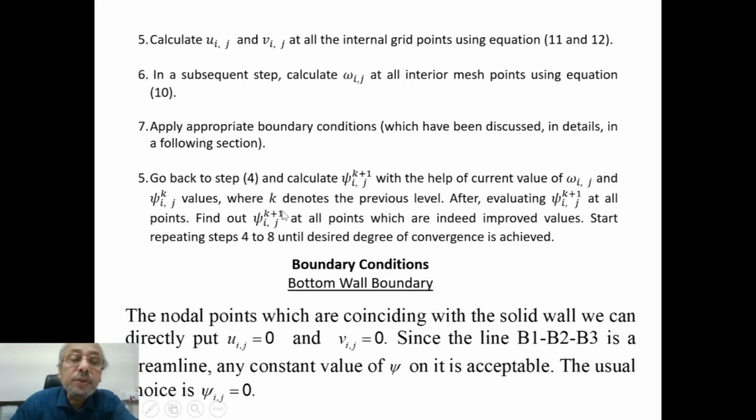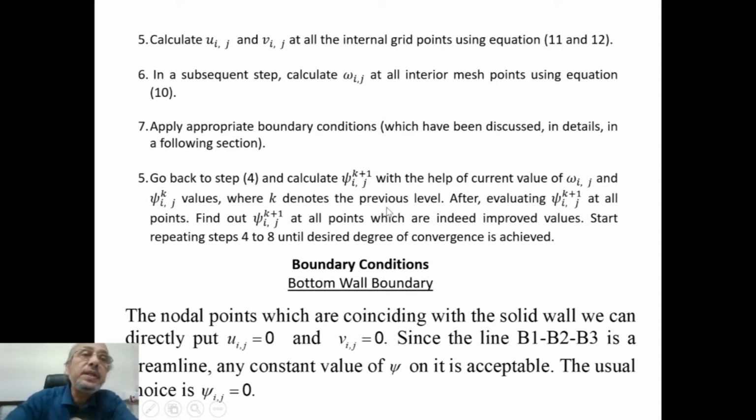This should also be k plus 1 prime. Start repeating steps 4 to 8. Please correct this. This is not the 5th step, this is the 8th step. So 4 to 8 till we get convergence.